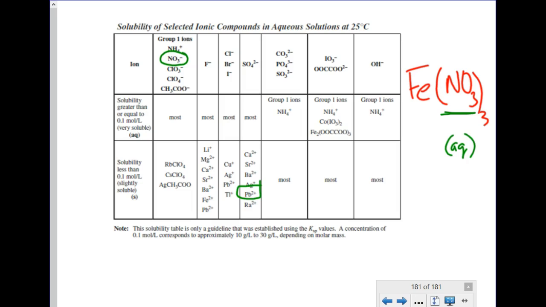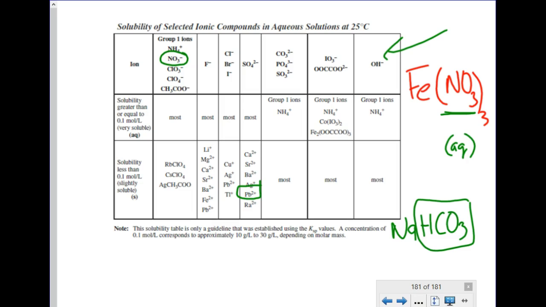So question number 6, sodium hydrogen carbonate. The formula for this is NaHCO3. If I look for HCO3 along the top row here, I'm not going to find it. But there is another way to figure out if this is soluble. What group is sodium in on the periodic table?